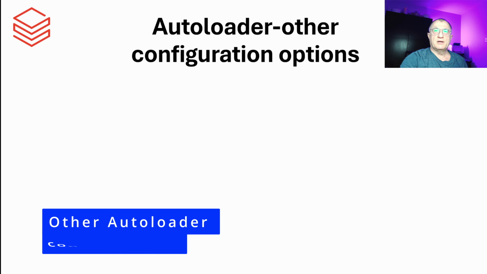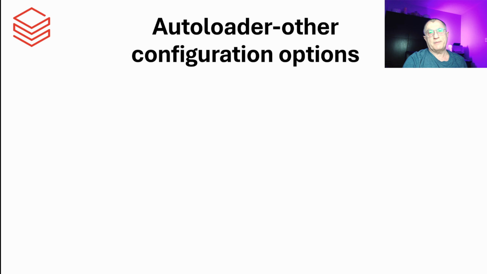All right, let me wrap up this discussion with a brief description of some other common Autoloader configuration options. The include existing files option allows you to turn on or turn off processing of historical files.